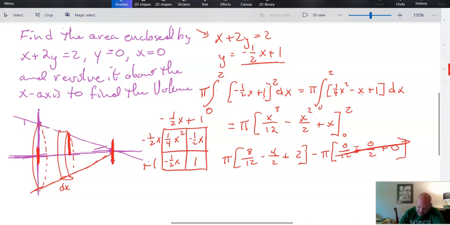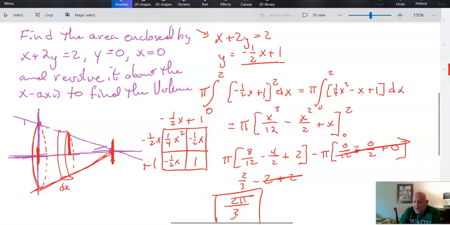So that's just going to be a 0, and we just have to worry about this. 8/12, if I divide both by 4, is 2/3. This is minus 2 plus 2, so those cancel. So this is just 2 pi over 3 for the volume of this particular cone that we just defined.